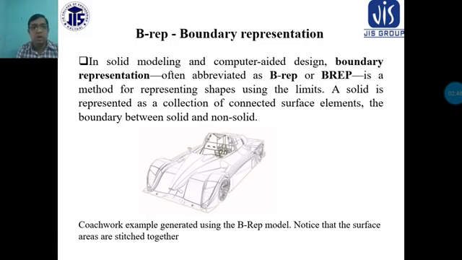Notice that the surface areas are stitched together. That means the surface area is considered according to the stitching. You can see that the wheels are also connected, and the different elements are stitched together.